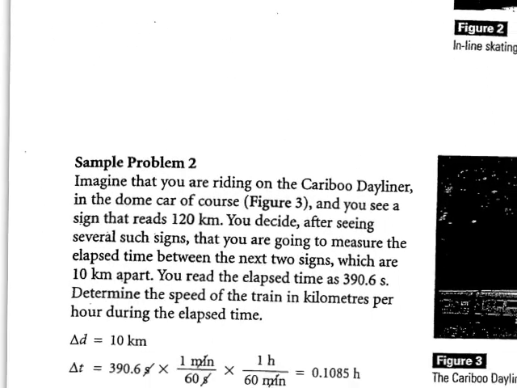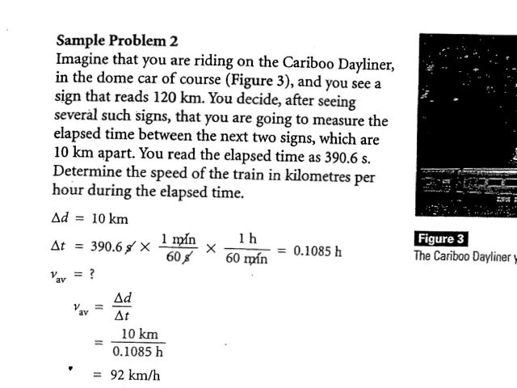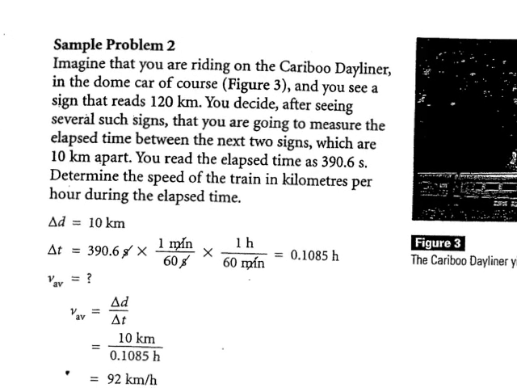We're going to take a look at sample 2. So imagine that you're riding on the Caribou Dayliner, it's a train, in the dome car, of course, and you see a sign that reads 120 kilometers. You decide, after seeing several such signs, that you're going to measure the elapsed time between the next two signs.